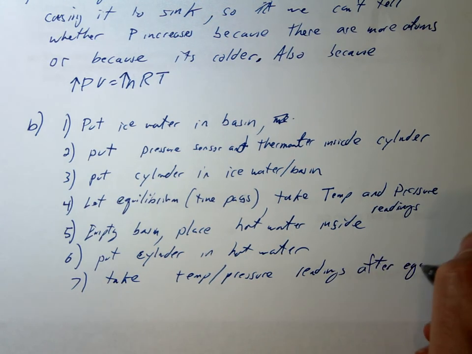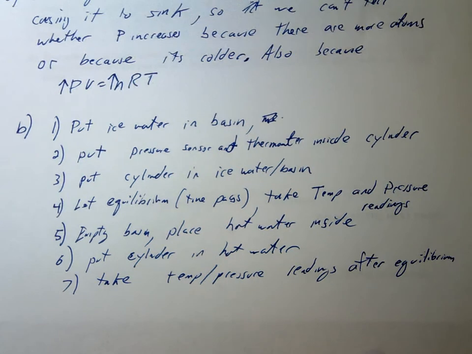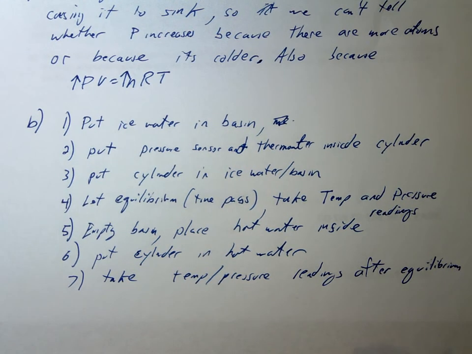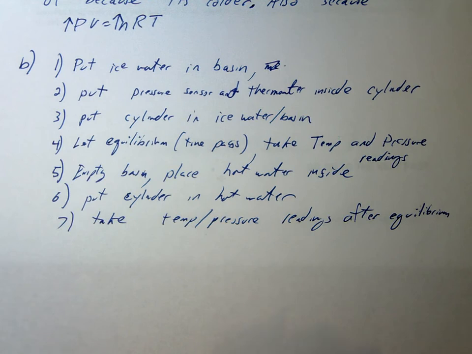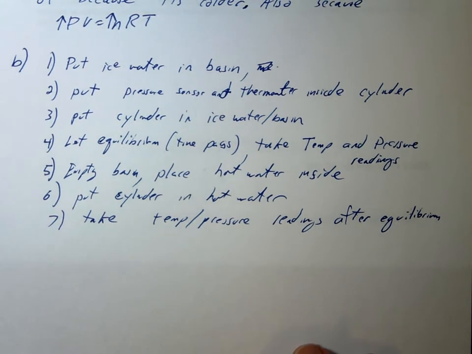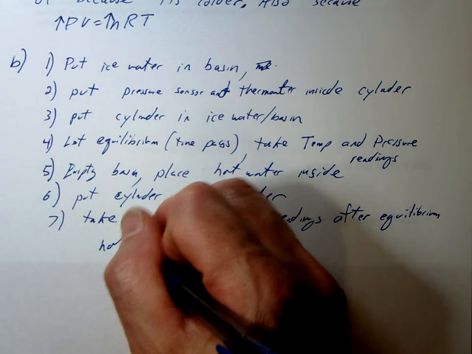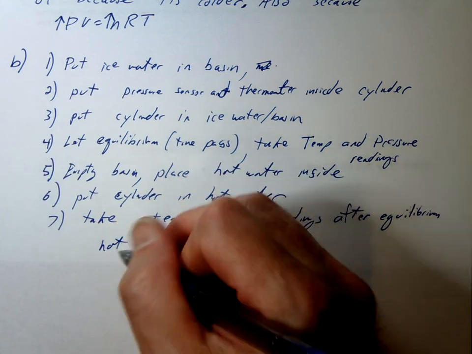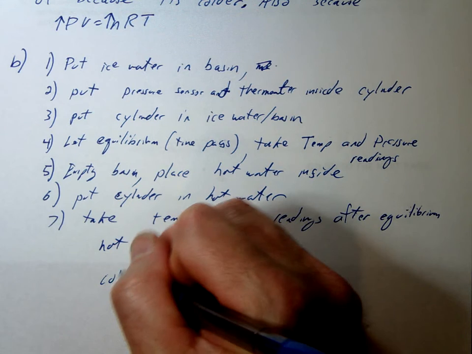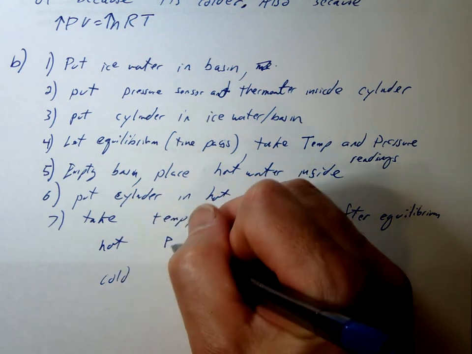Suppose you could also start with ice water, and then every minute or so, when you put in the hot water, take a reading, and you could produce a nice graph that way. The way I'm doing it is essentially just going to give us 2 readings. It's going to give us a hot and a cold temperature, and a pressure 1 and a pressure 2.